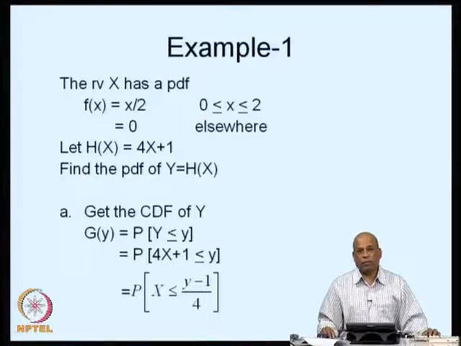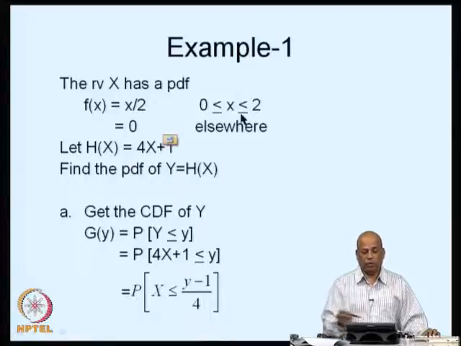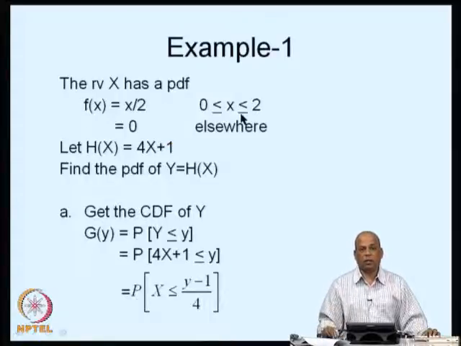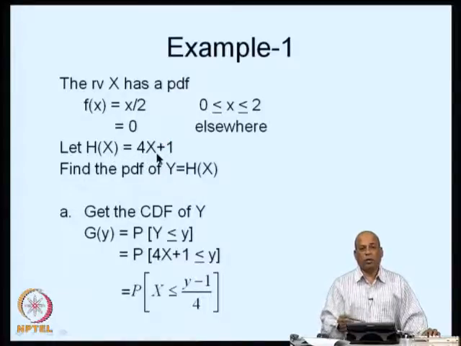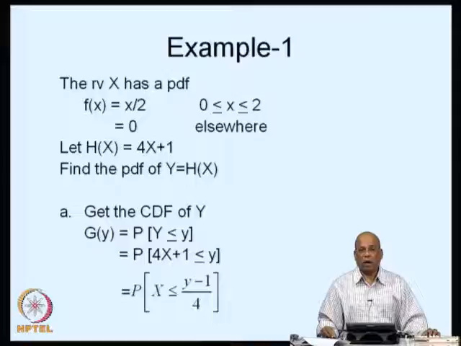Let us say f of x is equal to x by 2 over this region, x varying between 0 and 2, and we define a simple function h of x is equal to 4x plus 1, or we define y is equal to 4x plus 1. We are interested in getting the PDF of y is equal to h of x.